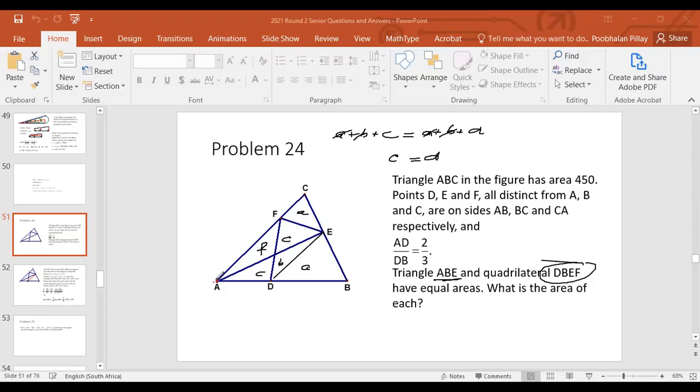You got the area of this triangle here. Sorry.